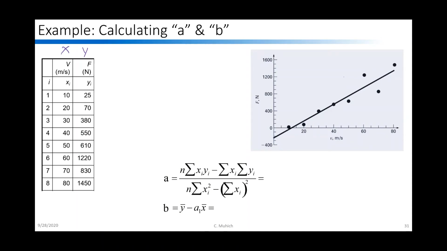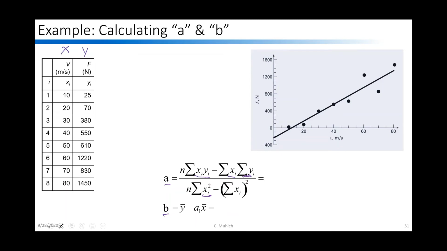To find my best fit line, I need my a and my b. So here I've just pulled forward those equations, and it tells us that I need to know the product of x and y and my x squared, as well as the sum of each of those, of x and y.